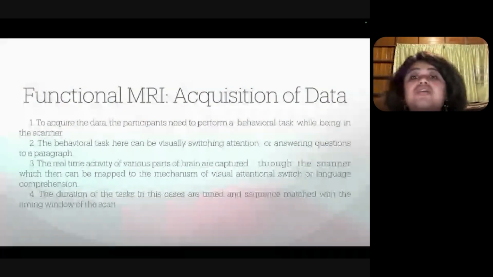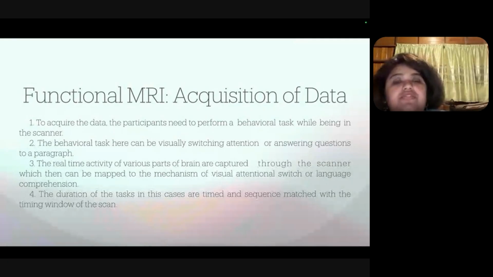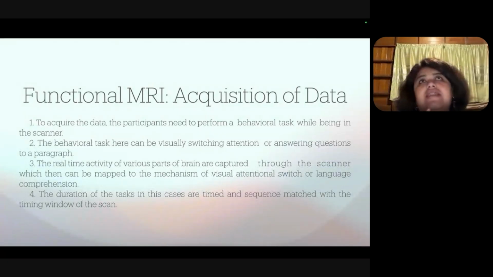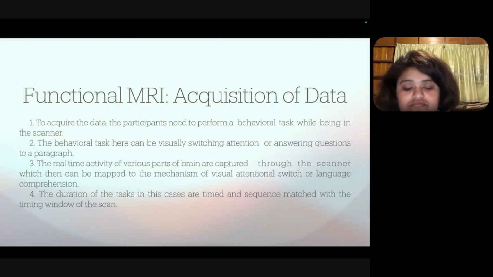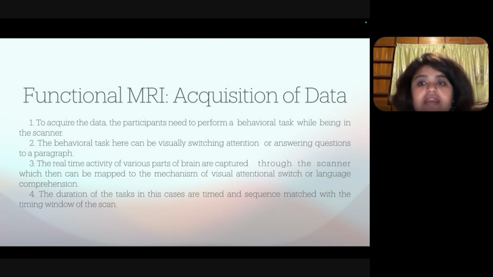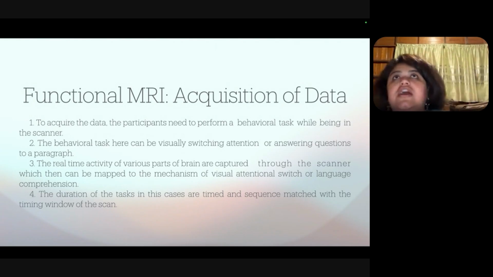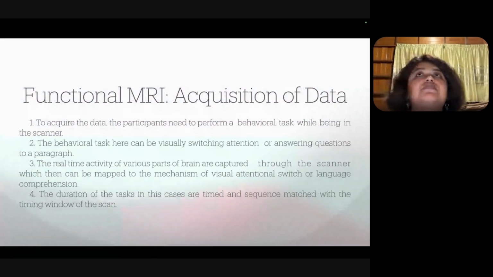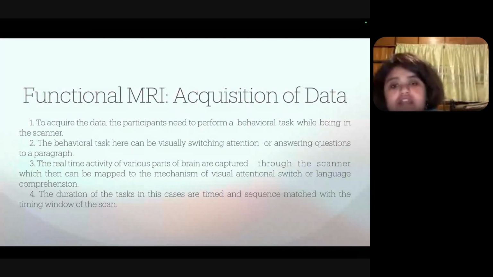Now, how do we collect the data? I have already said a few things, but I'll just mention how we do it. In case of functional MRI, usually we collect the data when the participant is inside the scanner and they are performing an experimental behavioral task, right?